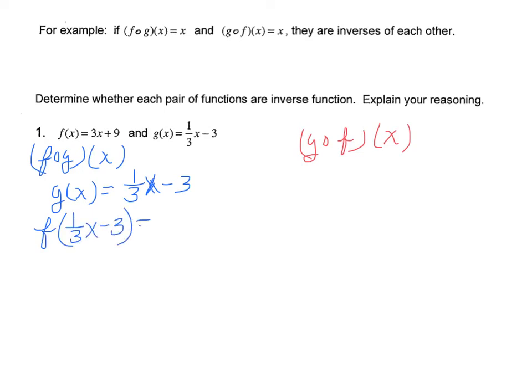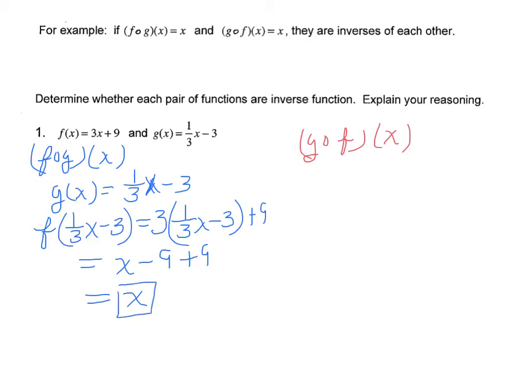So that'll be 3 times 1/3 x minus 3 plus 9. Okay, we're going to do distributive property. 3 times a third is 1. So 1 times x is just x. 3 times a negative 3 is a negative 9 plus 9. A negative 9 and a positive 9 cancel each other out. So I end up with plain old x. So f of g of x is x.